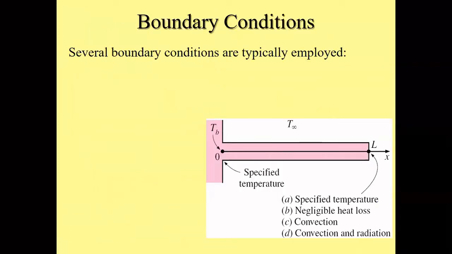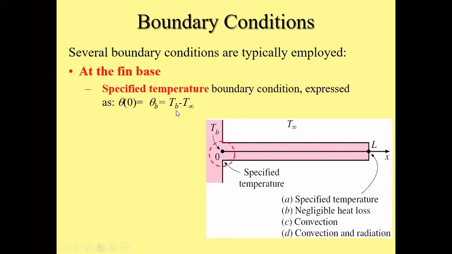At the fin base, usually you write the equation like this: at x equal to 0, you have the temperature difference from the base, theta B, where T_B is the temperature at the base minus T at ambient.